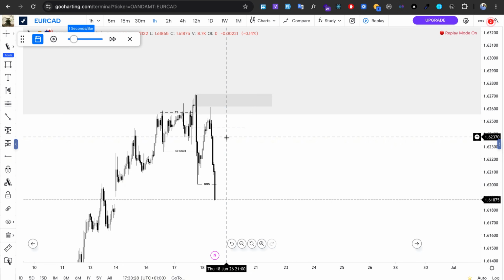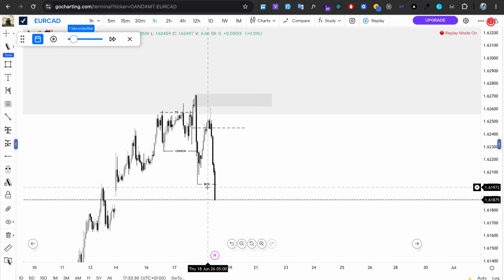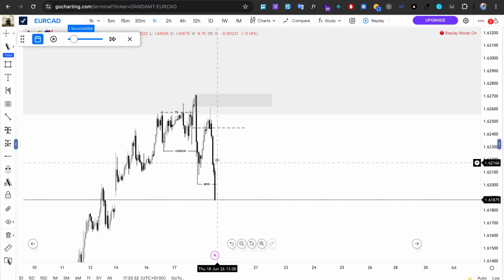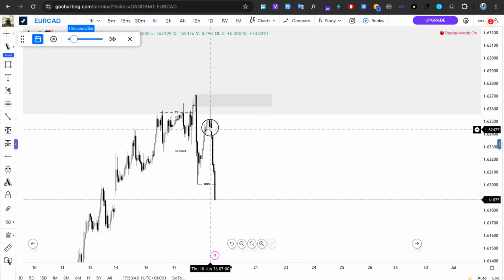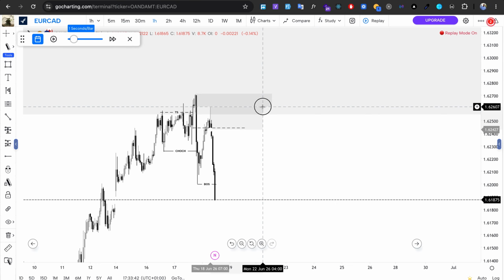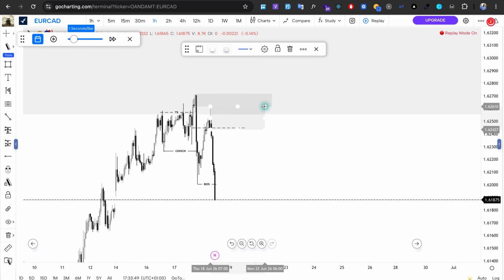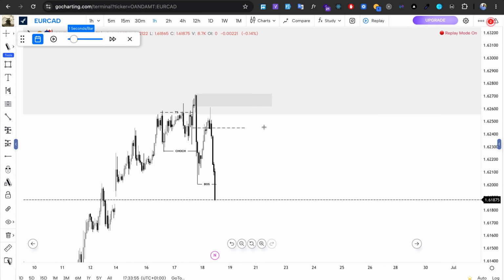If there had been an inducement here, I would have been thinking of this place as my key level, my entry. But if there is no induced liquidity to take, I can't enter the trade. Either there is liquidity, or it forms an engineered liquidity close to the key level.